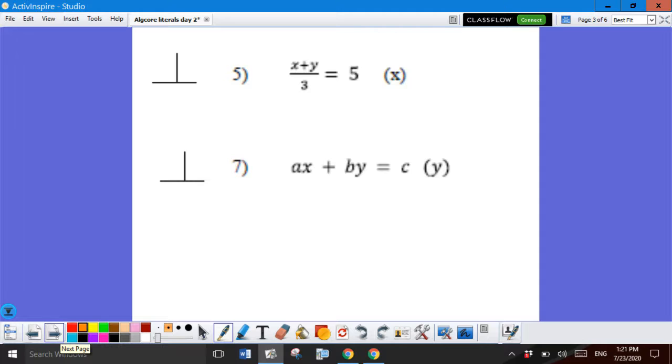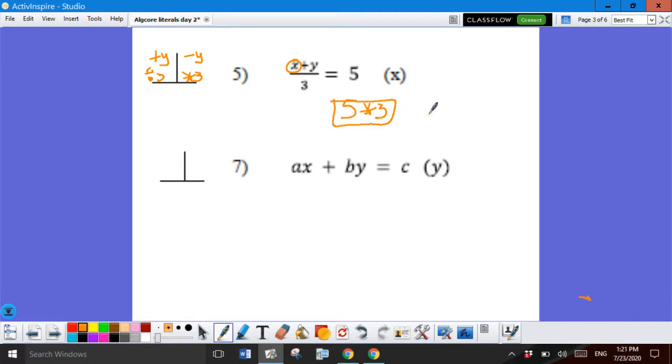All right, let's see what we can do with this one. We're solving for X. Okay, let's see how you did. Plus Y, minus Y. Divide 3, times 3. Okay, so the first thing I'm starting with is a 5. So I need to multiply that by 3. Well, I could leave it like that, but I know this actually evaluates. What's 5 times 3?